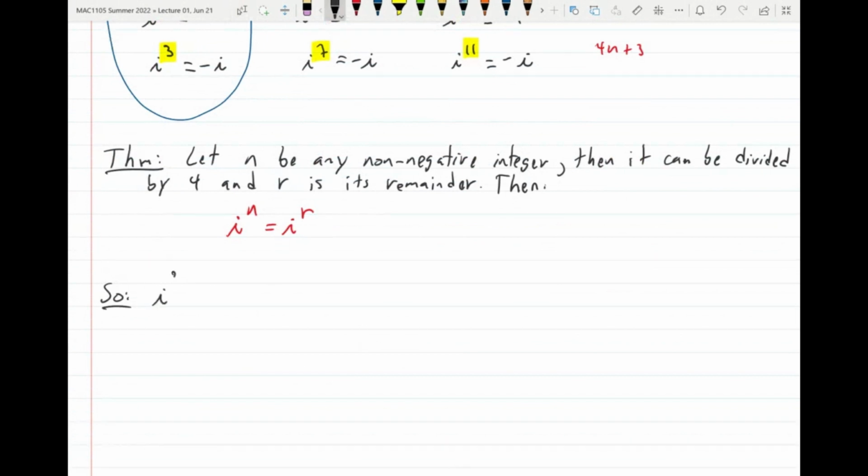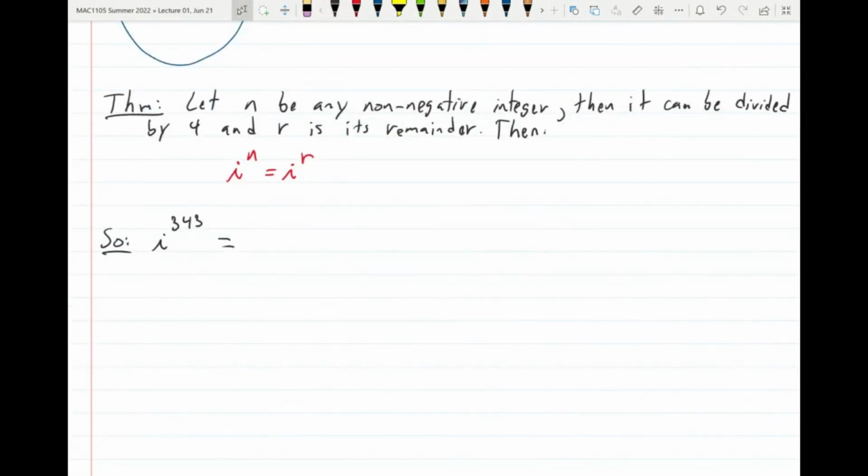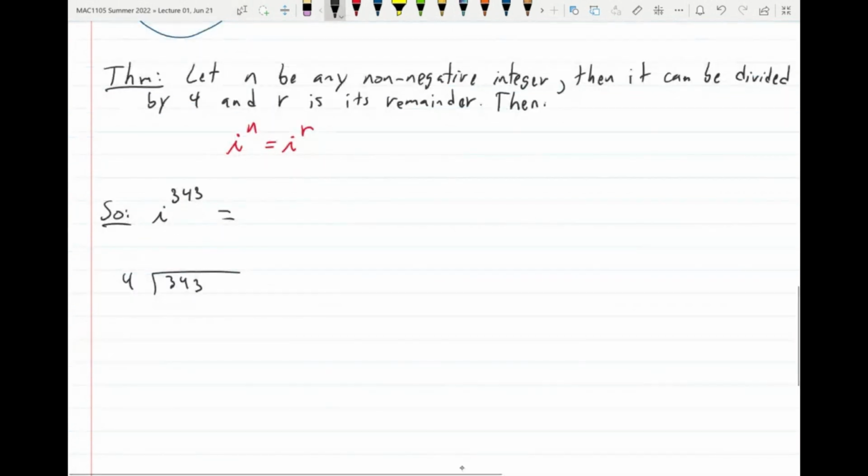So if you wanted to do i to the 343, then what we need to do is divide by 4. So let's divide 343 by 4. We do a little division. What's the closest multiple of 4? 32. We put an 8. That's a 32, that's a 2, and the 3 comes down. Then this is 20, so that's a 5.